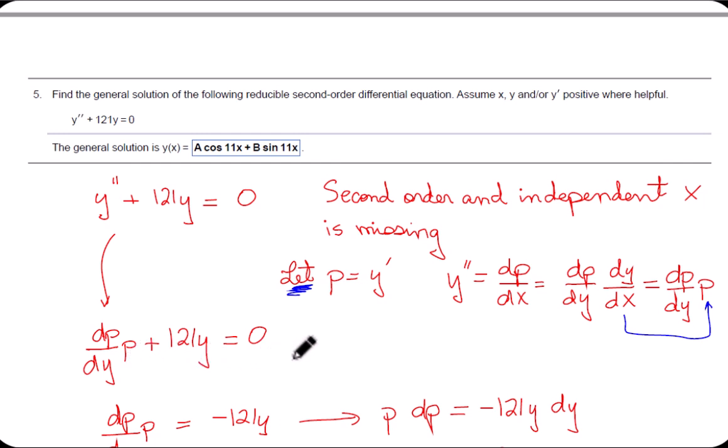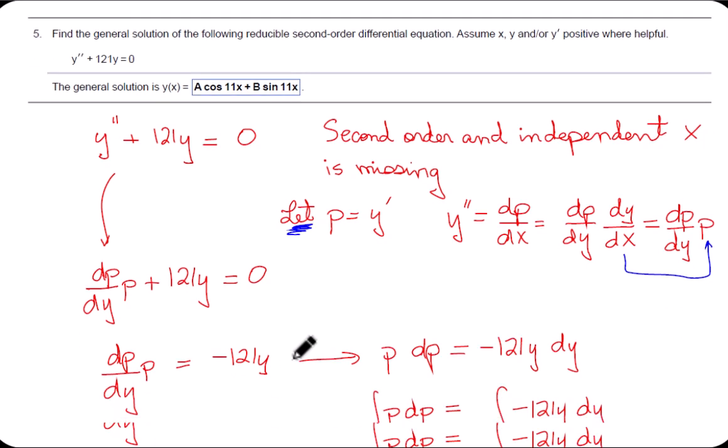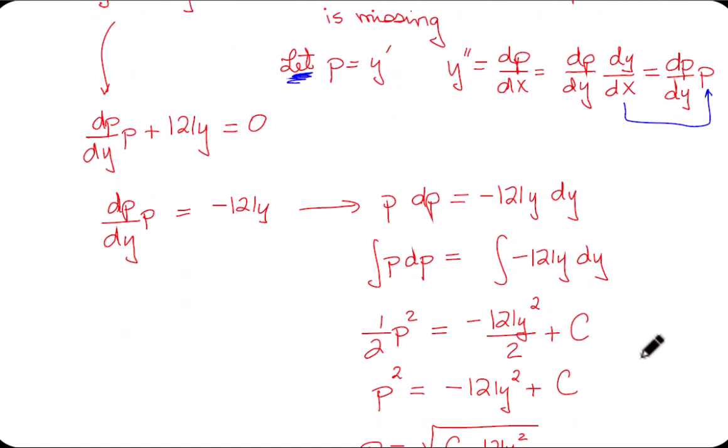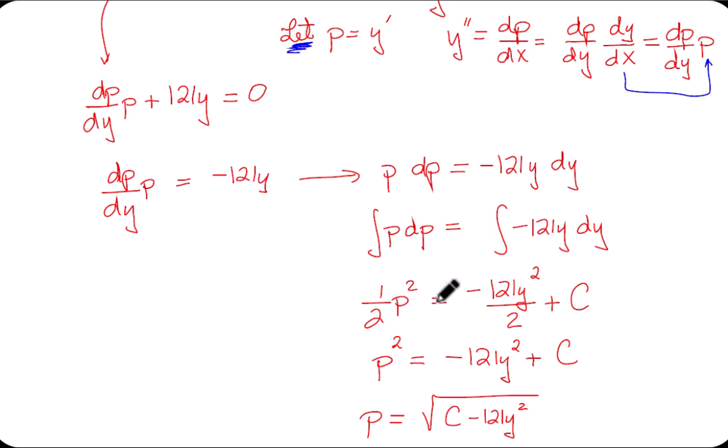All right, so if I plug this in, then y double prime is dp dy times p plus 121y is 0. All right, so if I move this to the right, all of this stuff simply has y in it. All right, so I'm going to move the dy to the right-hand side, integrate both sides because I've separated it. And so I get 1/2 p squared equals, all right, integrate this, y squared over 2.